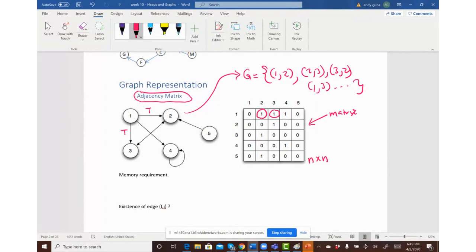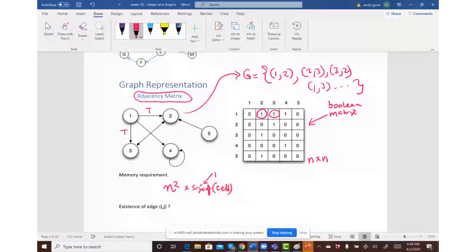We can have a Boolean matrix. That means they are true or false, n by n, to hold this matrix. So the memory requirement is n squared times the size of a cell.